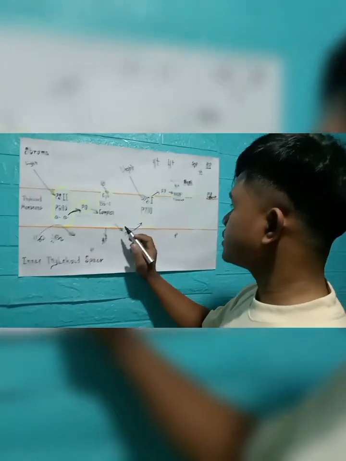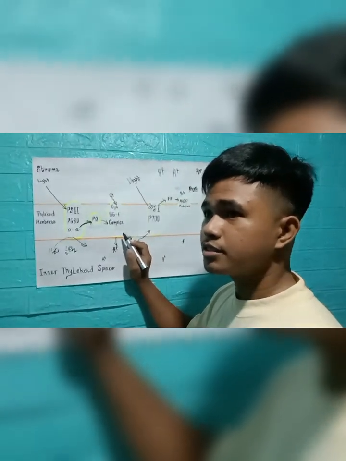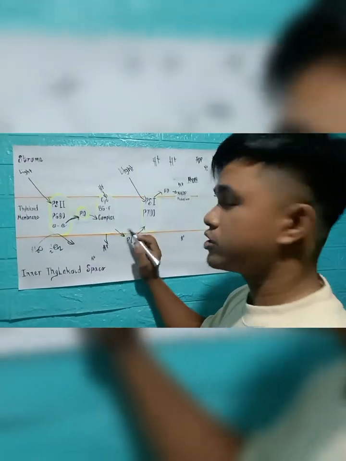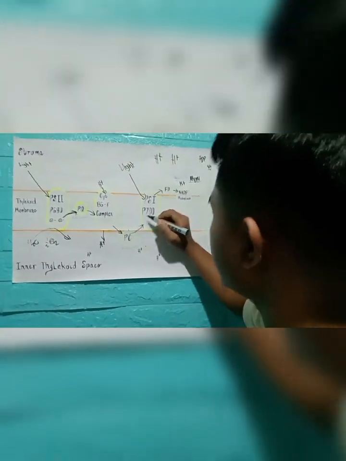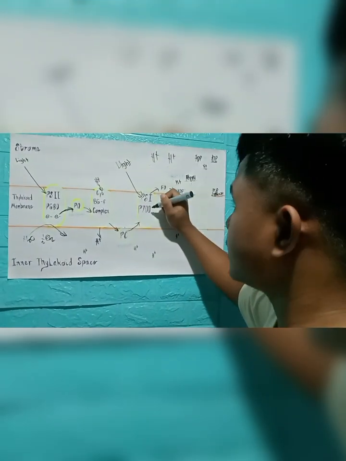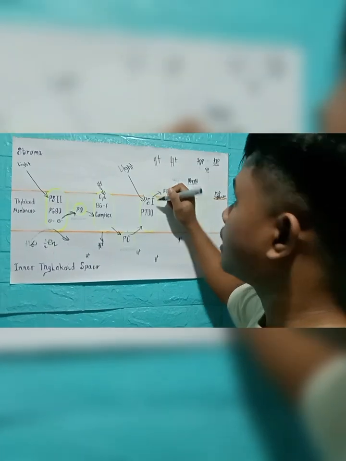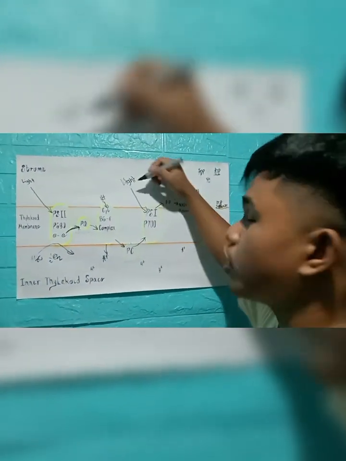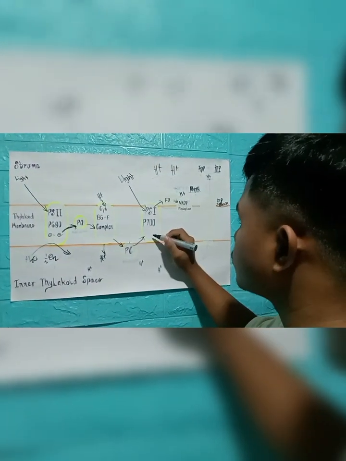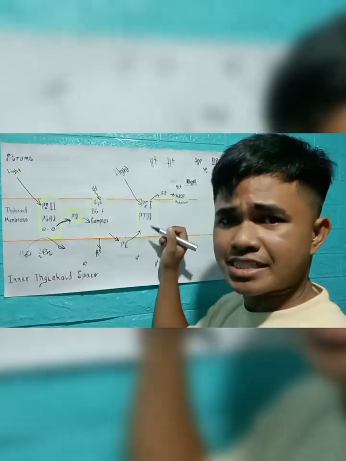But since the electrons have traveled, they have lost energy, so they need energy from the light. Photosystem 1 absorbs light, and the electrons get excited.